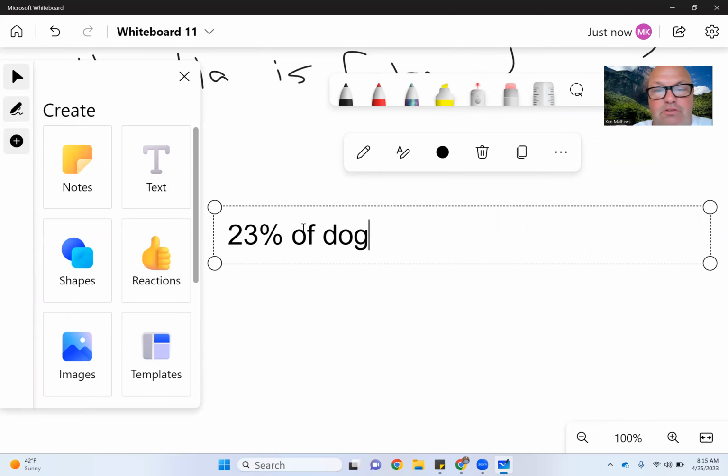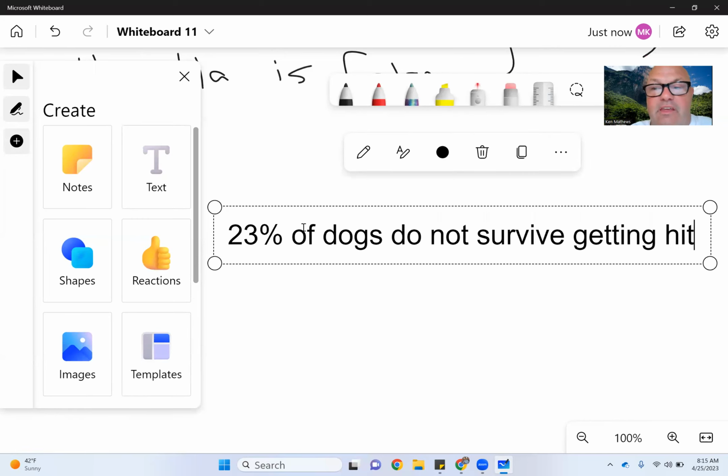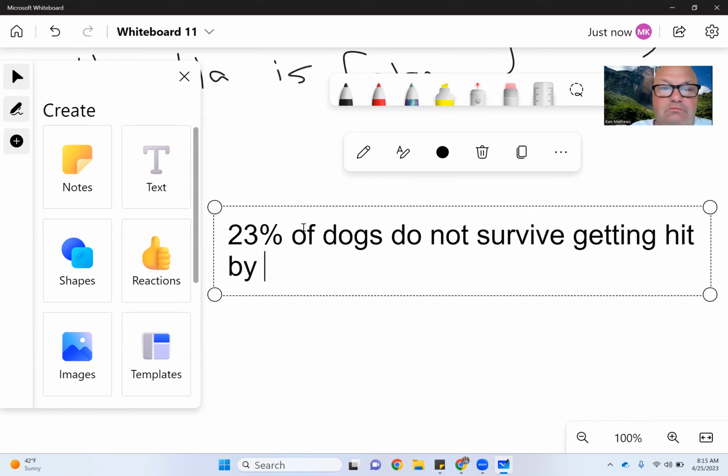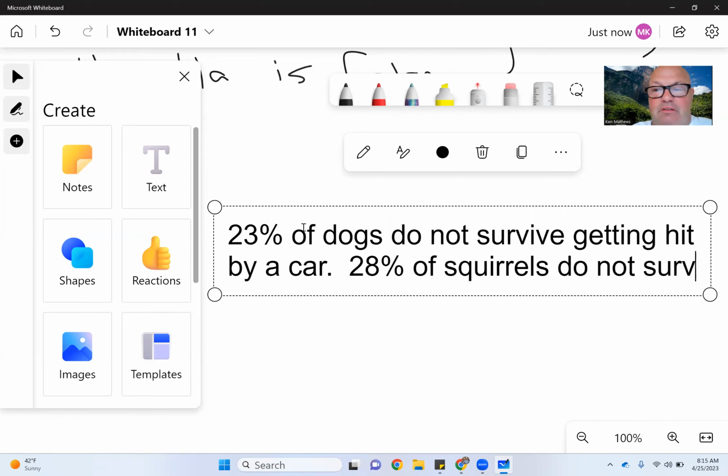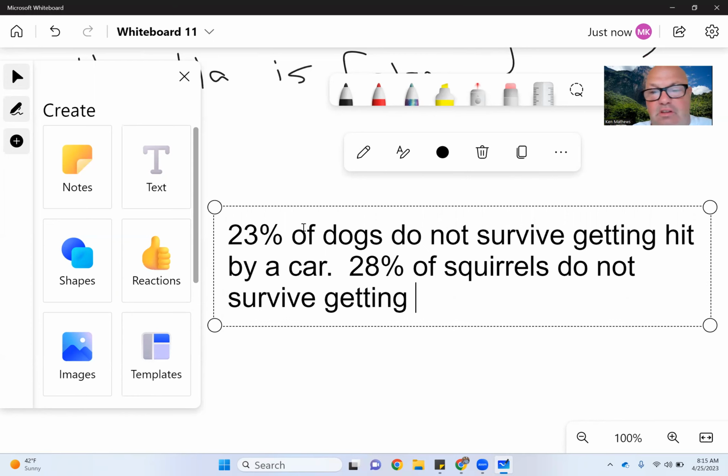23% of dogs do not survive getting hit by a car. 28% of squirrels do not survive getting hit by a car.